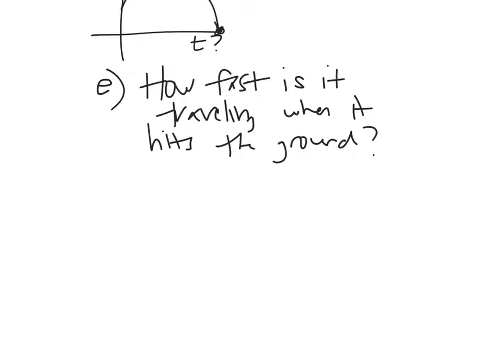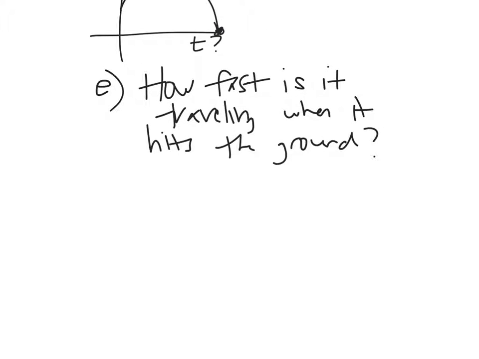You have to remember that the speed of it is its velocity. When it hits the ground, you want to find v of 10, right? So v of t is the velocity, but I want to plug in 10 because that's the time that it hits the ground.